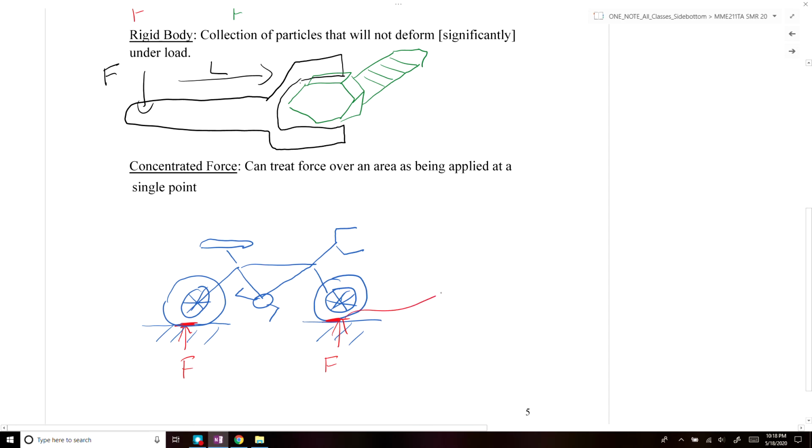But if we look closer at the wheels, what really is going on is that you have a very small area under the tire that supports the load.